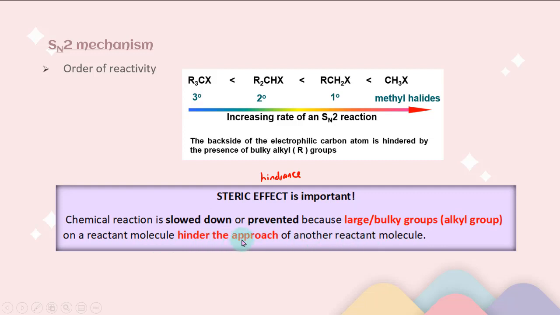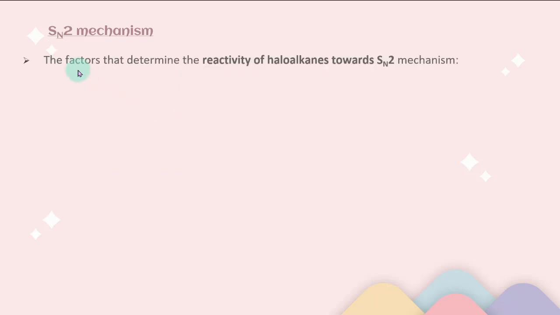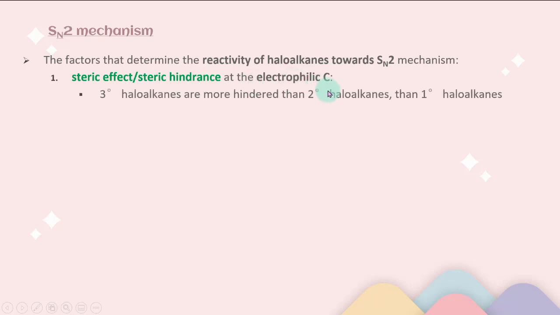Okay, slow down the approach, prevent the approach, making the backside attack difficult. Some of the factors that determine the reactivity of haloalkanes towards the SN2 bimolecular nucleophilic substitution mechanism: the first factor is the steric effect or steric hindrance at your electrophilic carbon.